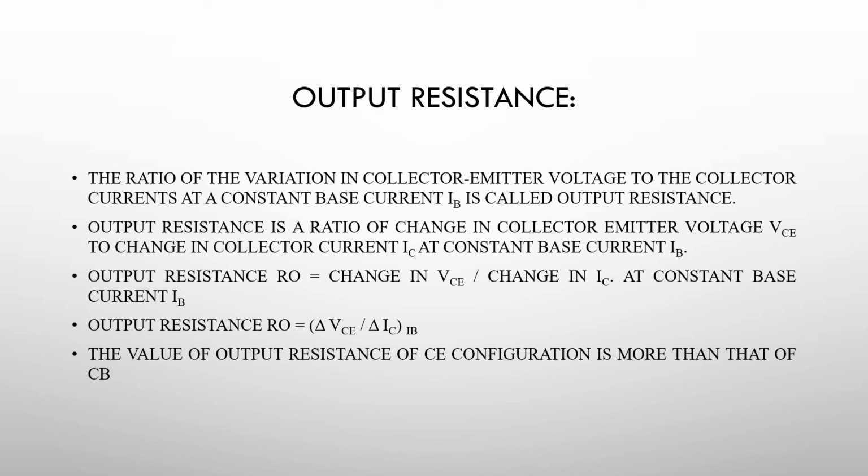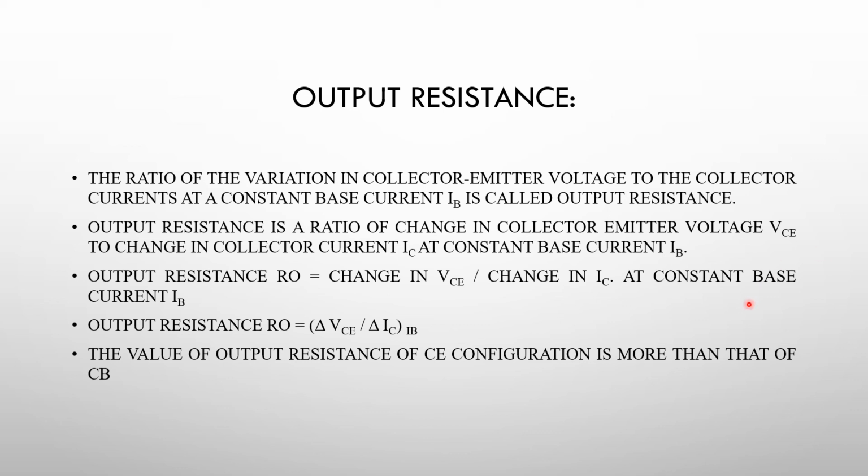Now let us see what output resistance is. The output resistance is denoted by RO, and it is nothing but the ratio of change in collector emitter voltage to change in collector current at constant base current.